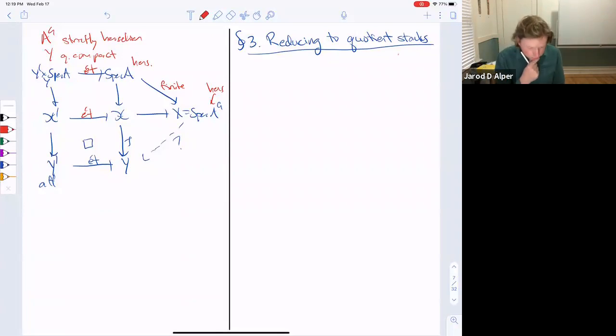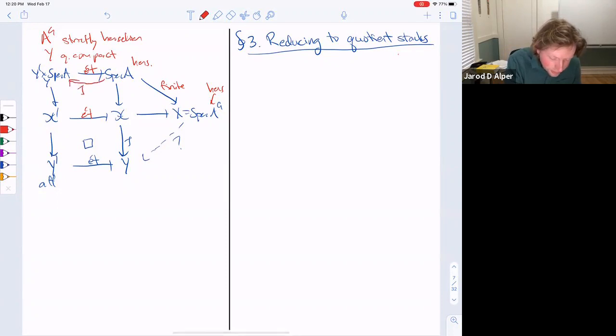Here's the point. Because spec A is Henselian, strictly Henselian even, and we have an étale morphism, then there's a section S, which then descends to a section of this map.